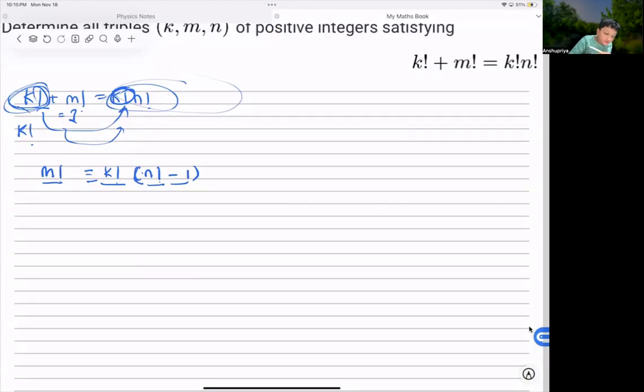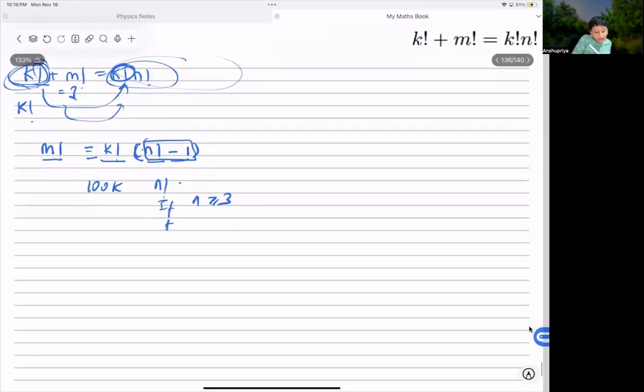Look, if I have some n factorial, and n is greater than or equal to 3, then n factorial will be divisible by 2. So this will be divisible by 2, and this will not.